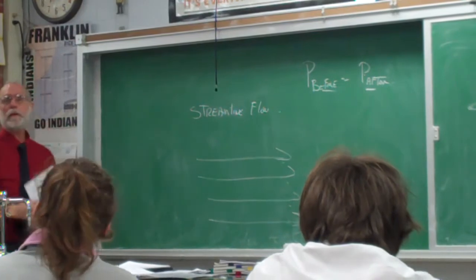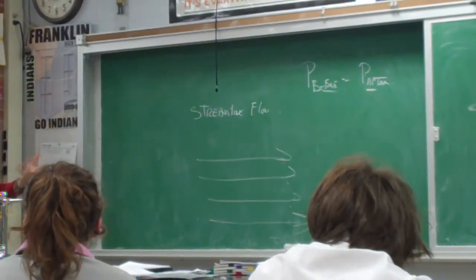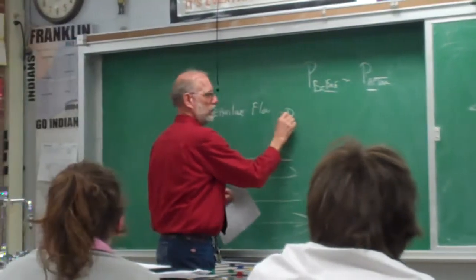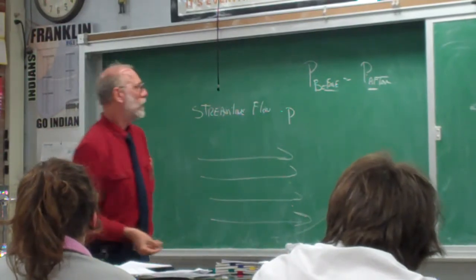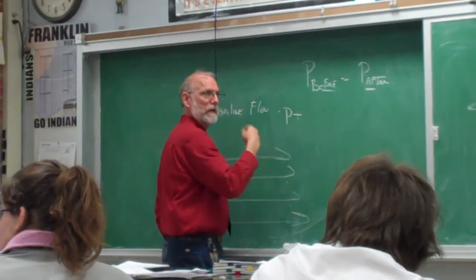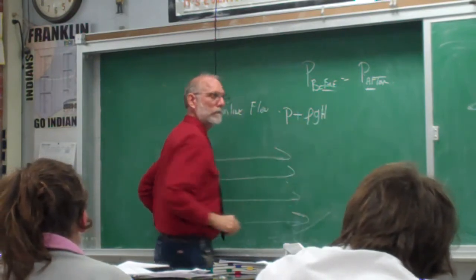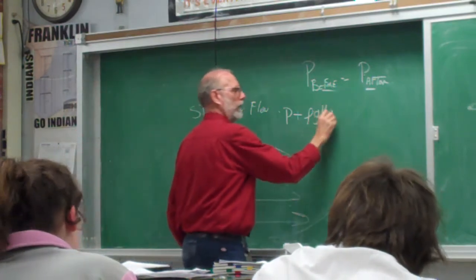But for Bernoulli, because we are now in motion, your pressure can come from a number of different sources. Your pressure can come from just any outside source. Your pressure can come from the height of your fluid. Your pressure can also come from the motion of your fluid.